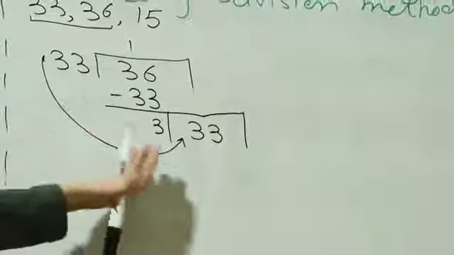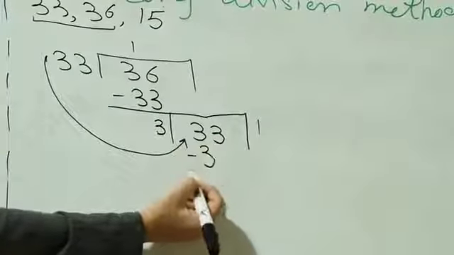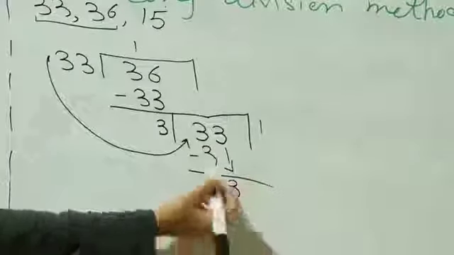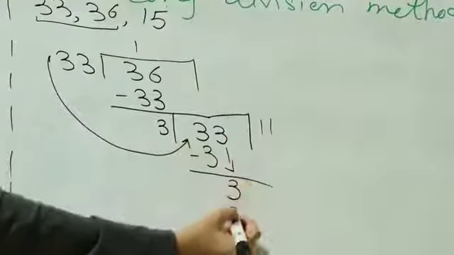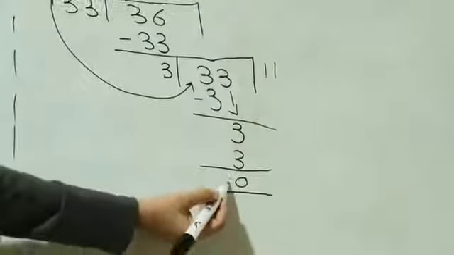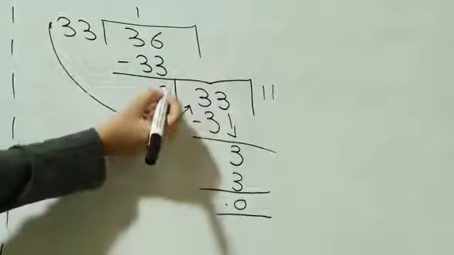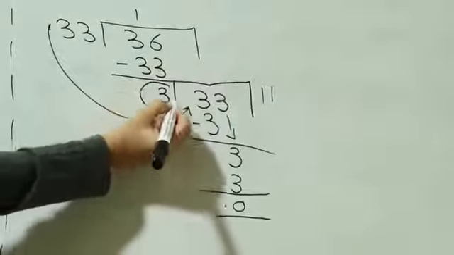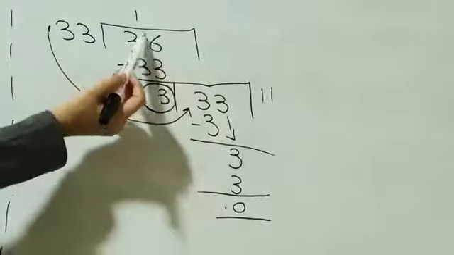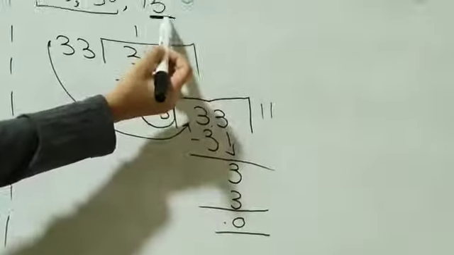Let's start the division. 3 ones are 3, minus, bring this 3 down, again 3 ones are 3. Here you got your 0 remainder. Now you have finished this division, and this is your HCF, but this HCF is just between 36 and 33. Still we are left with this number 15.